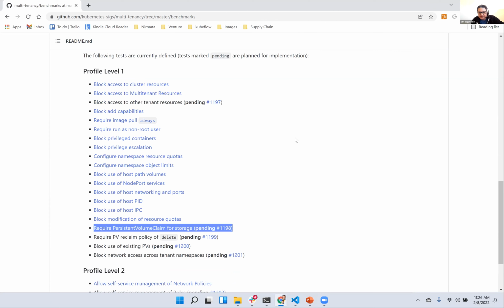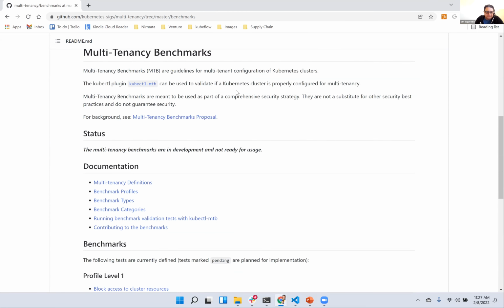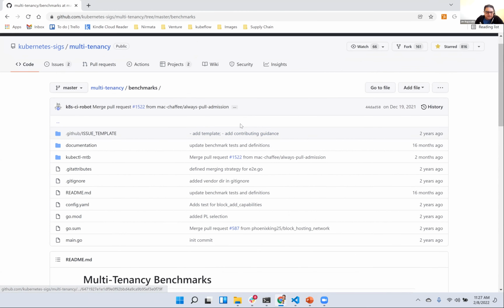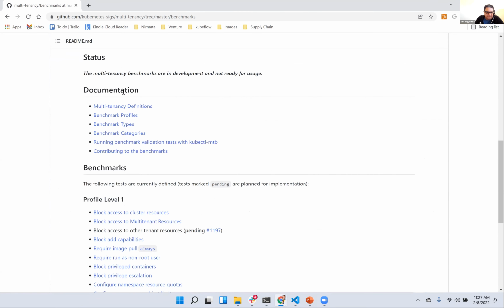But the whole idea was, like you're suggesting, how can we audit multi-tenancy, or how can we even test? So given one or two namespaces, what would be the way to do that? The easiest way to run these benchmarks is through a command line tool.